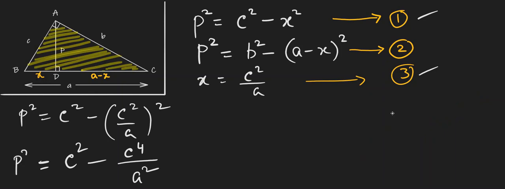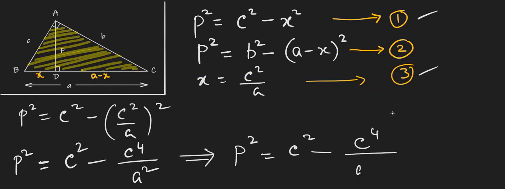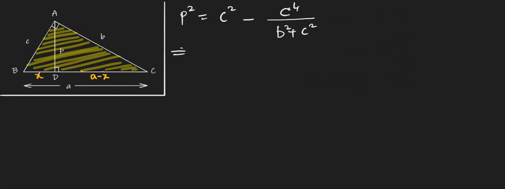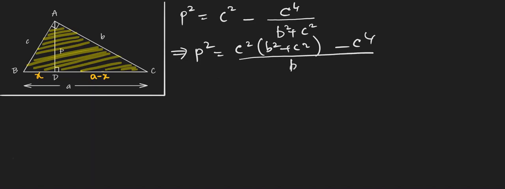So we can write this equation as P square is equal to C square minus C to the power 4 divided by B square plus C square, or P square is equal to C square (B square plus C square) minus C to the power 4 divided by B square plus C square.